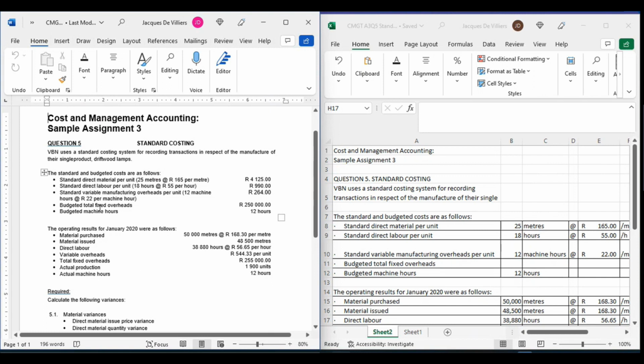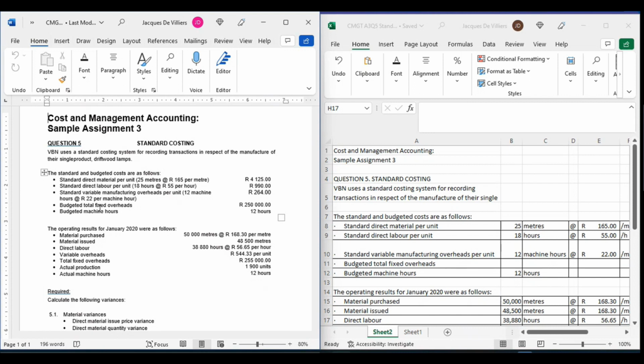So what they're expecting is standard direct material per unit, so that is per lamp, is 25 meters at 165 Rand per meter. Must be huge lamps, that's all I'm saying.